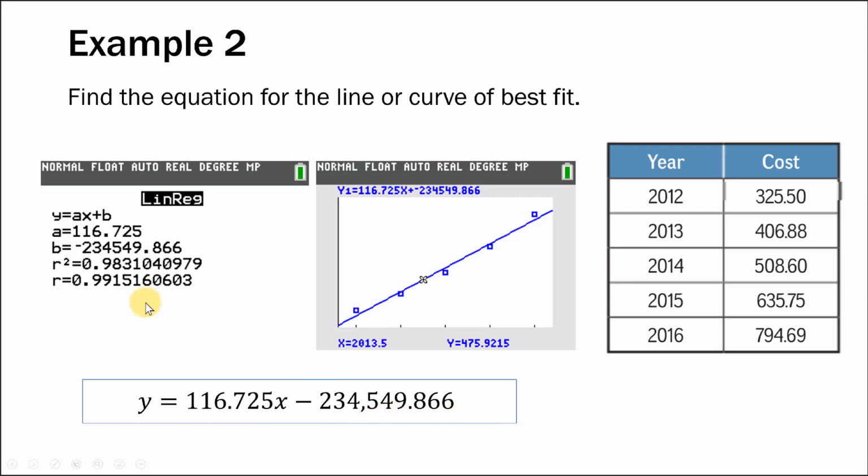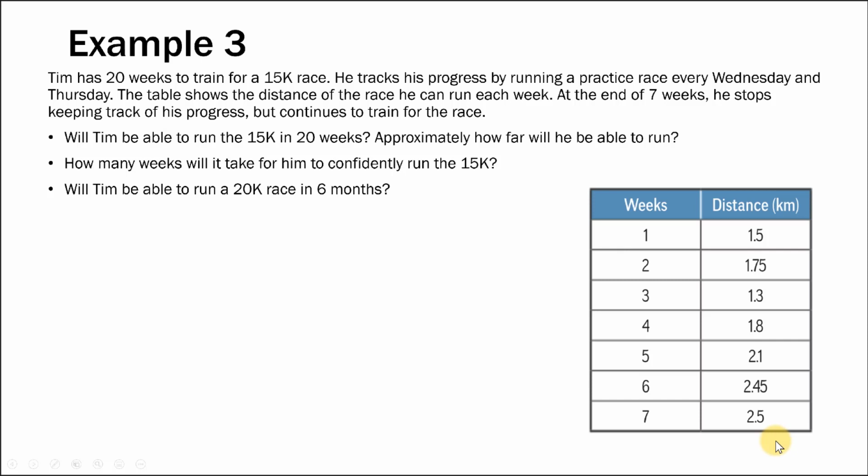I'm just getting that from our A and B values, plugging those into this generic equation. So that is how we can find the equation for the line of best fit. And if we graphed our scatter plot and it didn't look linear, then we would want to pick a different type of regression, which is what we're going to look at with our third example. Example 3.